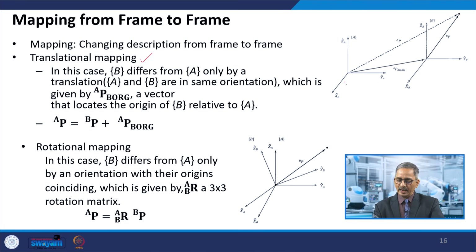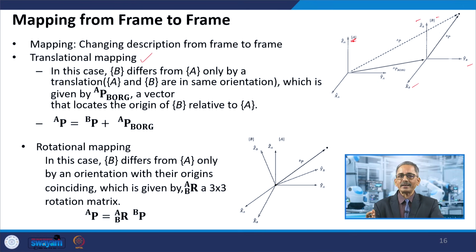So, suppose I have got a coordinate frame A here, xa, ya, za, and say I have got another coordinate frame B here with axes xb, yb and zb, okay. And remember we are talking about only translation, okay.